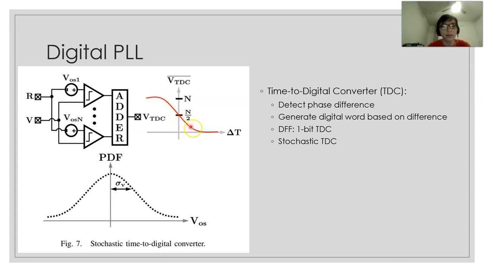Otherwise it will be somewhere along this line. If the value of the adder here is too high, which means the delay is back here, it returns a value that is related to the difference in phase, but it is not linear, because this is a normal distribution.